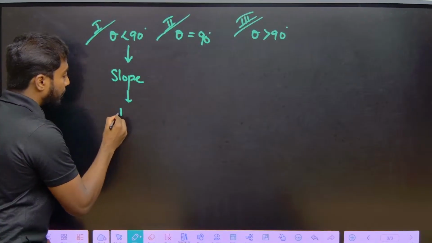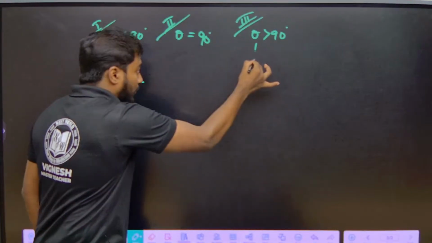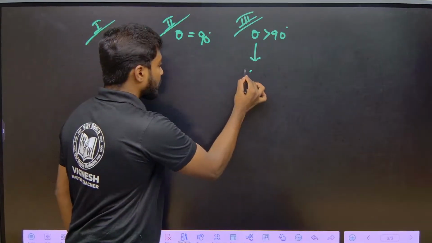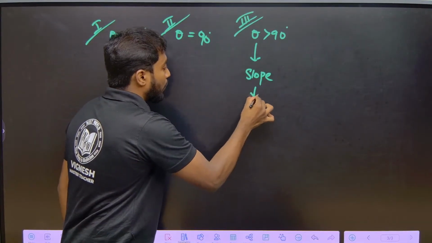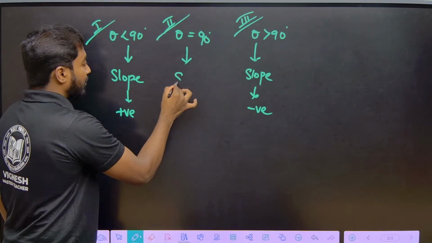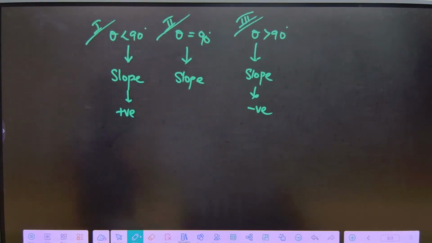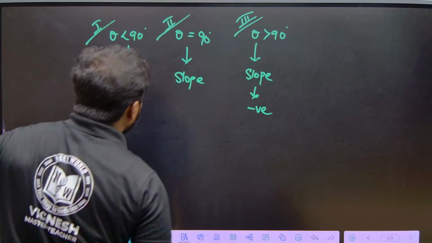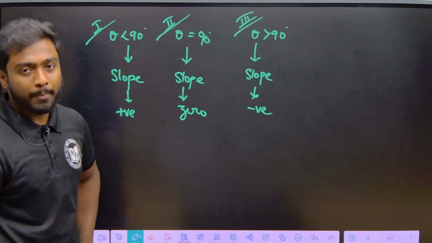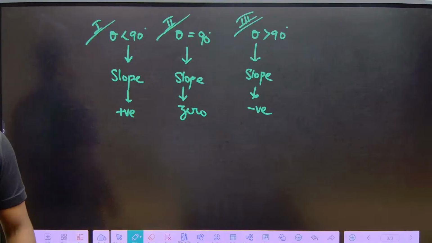Next, if theta is greater than 90, simple thing, keep in mind, the slope is negative. Now the other condition says if theta equals 90, no, it is 0. Keep in mind, so three conditions are there. Take a note of this.